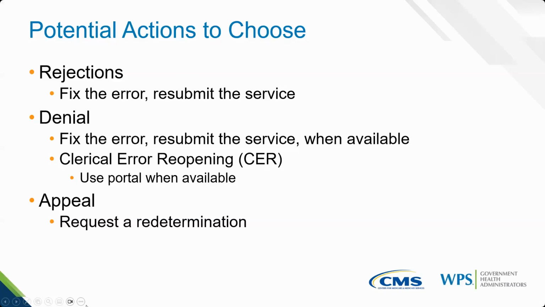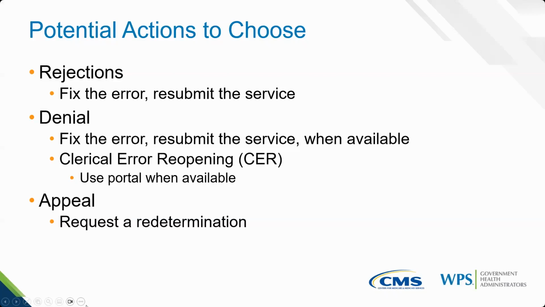Another action that you can consider is an appeal. The remittance advice will provide appeal rights when those are available. I'll discuss appeals a little bit later on in this webinar also. Registered users can use our transactional portal to either render a clerical error reopening or request an appeal, and these self-service tools really do offer the most efficiencies.